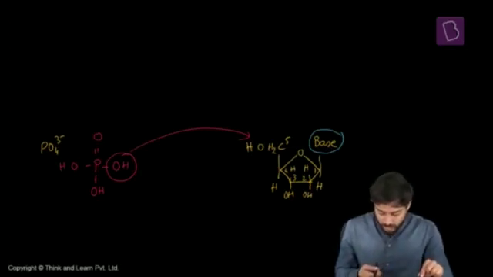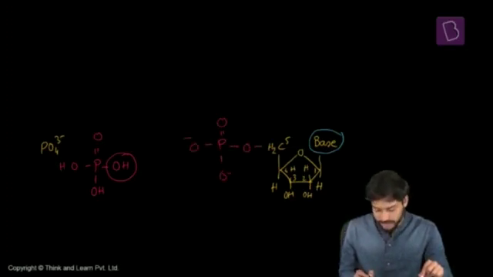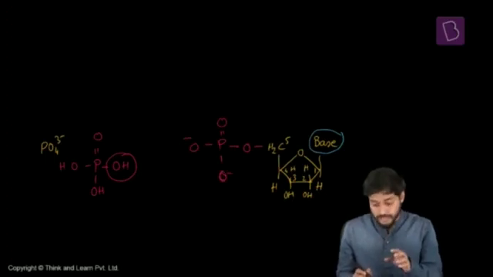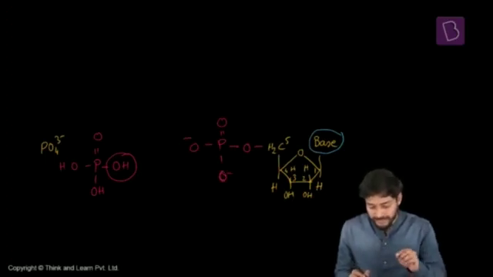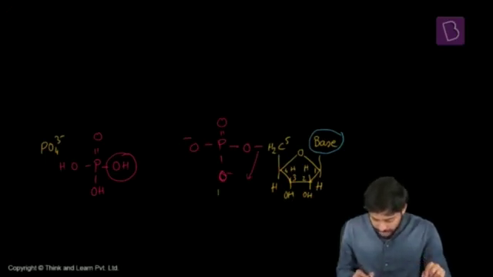The exact way would be this. How will it get attached? Attachment will be P double bond O minus, by O and O minus. This is the attachment that will happen. So now we have a nucleotide, and this bond that has occurred over here is called the ester bond. You should remember this is the ester bond.